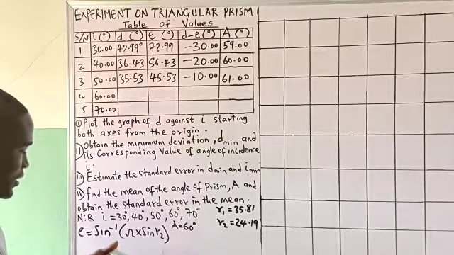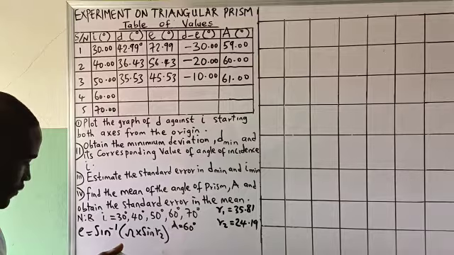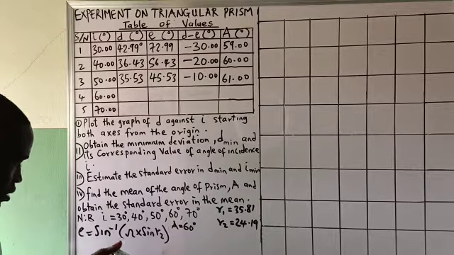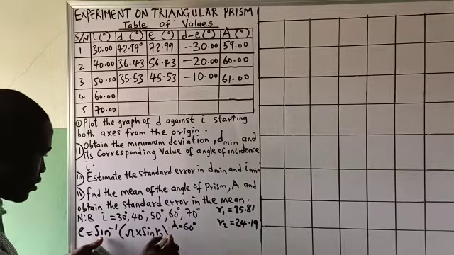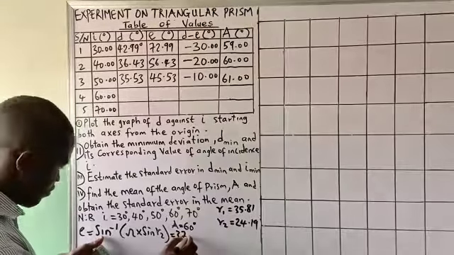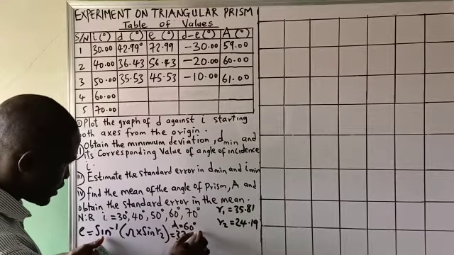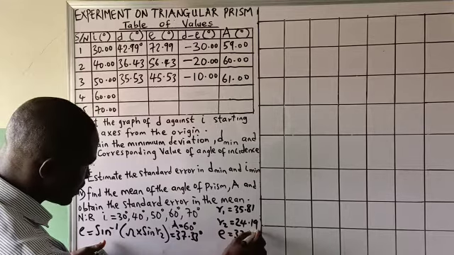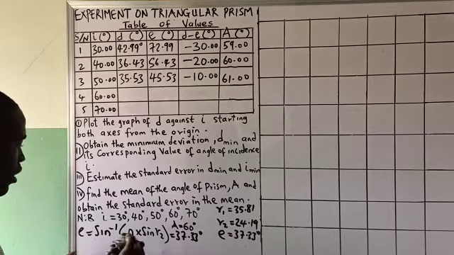So we'll be getting our E by saying shift sine bracket 1.48 times sine 24.19. That means our E will be equal to 37.33 degrees.